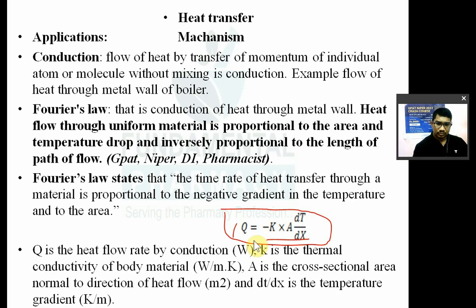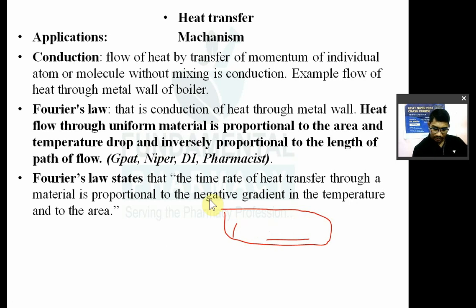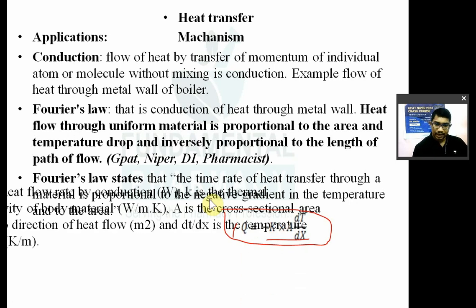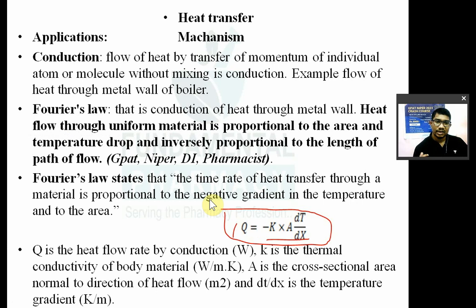What is Q? Q is nothing but the flow rate of heat by conduction. So heat flow by conduction, in W, okay, that is उसका यूनिट होता है W. What is K? K is nothing but the thermal conductivity of body material.